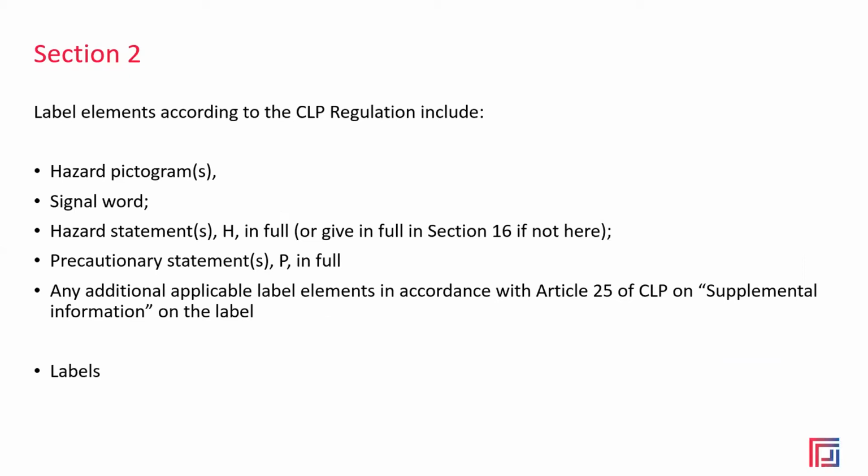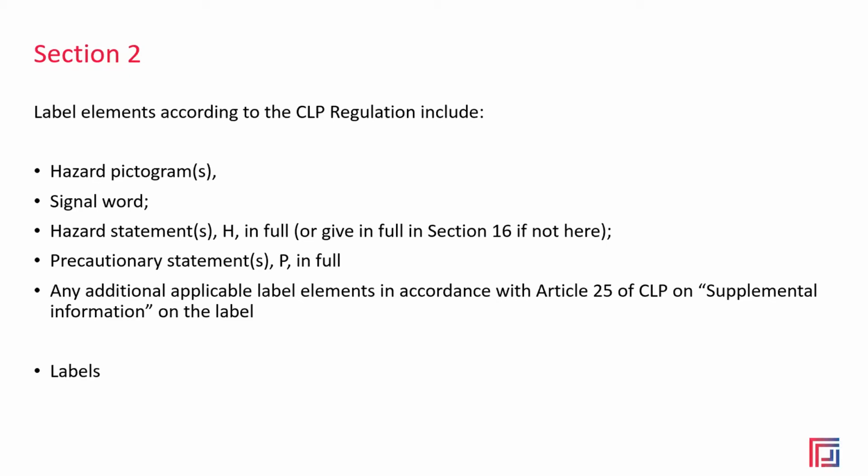As in the EU REACH SDSs, you will need to provide hazard pictograms, signal words, hazard statements in full, or if not, in full in Section 16, precautionary statements, and any additional applicable label elements in accordance with Article 25 of the CLP.